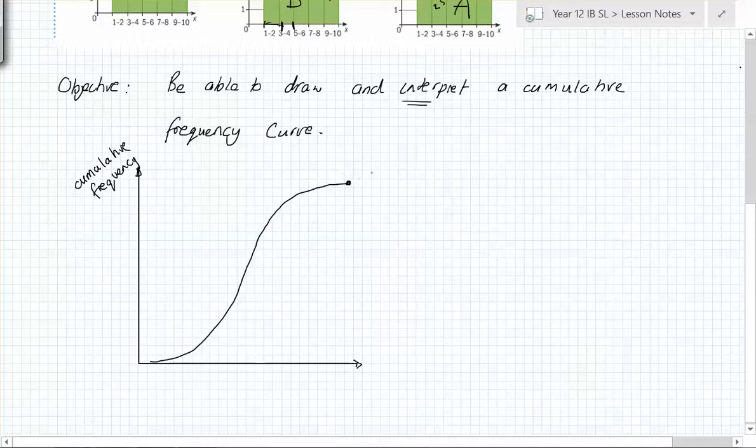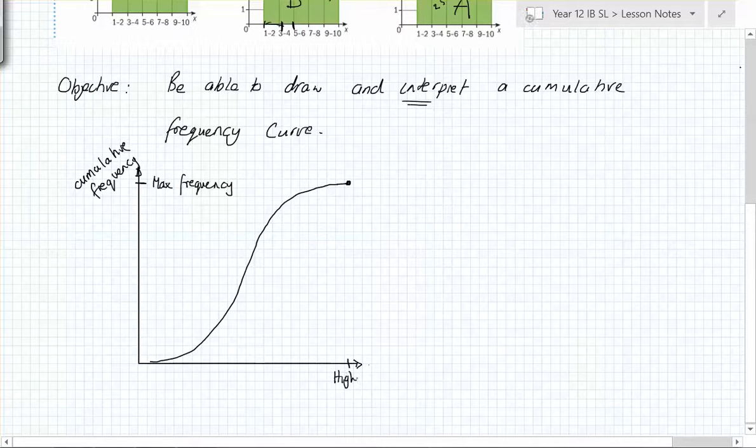So, this point at the end of my curve should show me what? On the y-axis, this should show the maximum frequency, so the total amount should be that value. Okay? And what should it show me on the x-axis? The highest value.